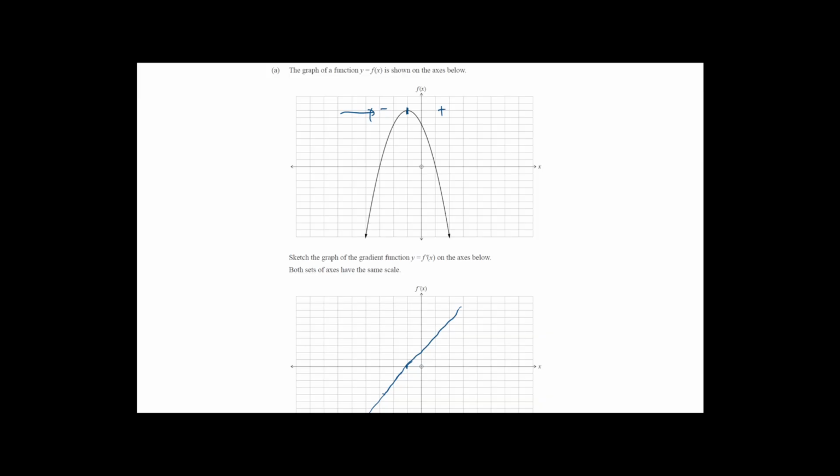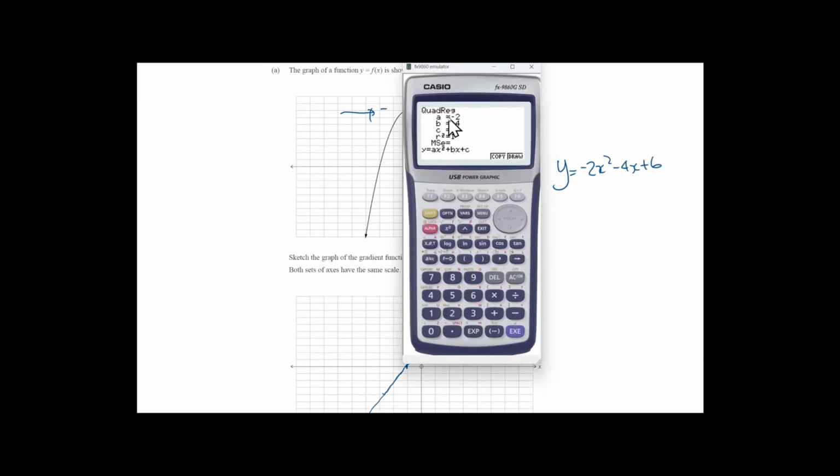So it's going to have the equation y equals negative 2x squared minus 4x plus 6. See there, a is negative 2, b is negative 4, c is 6. The R squared is 1, which means it's a perfect regression.